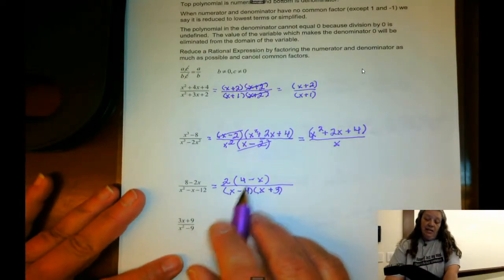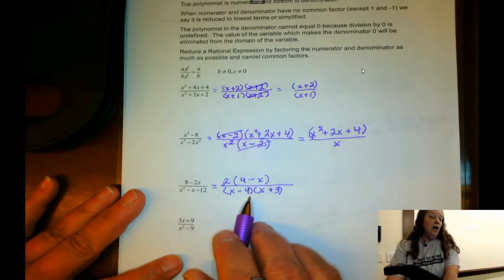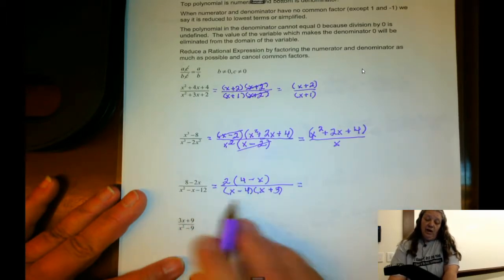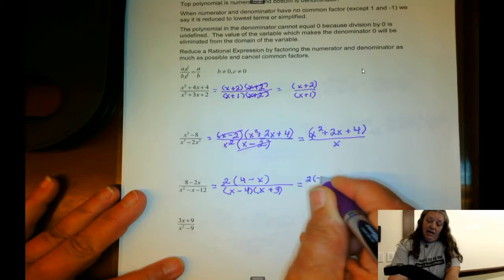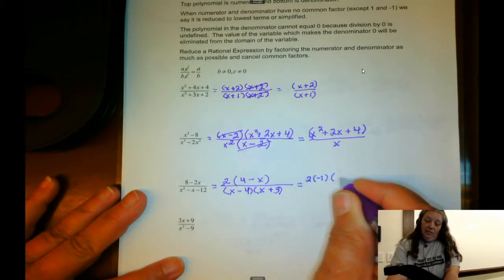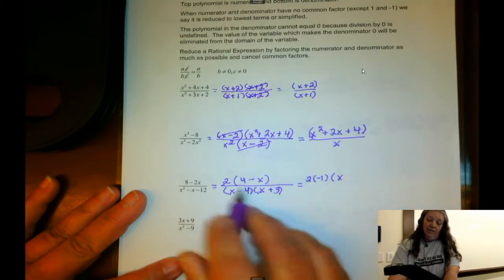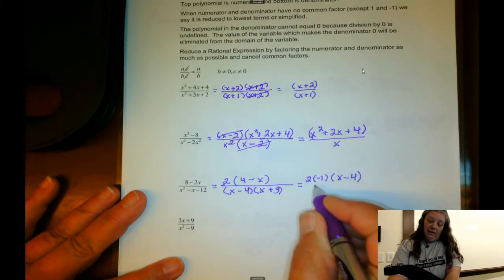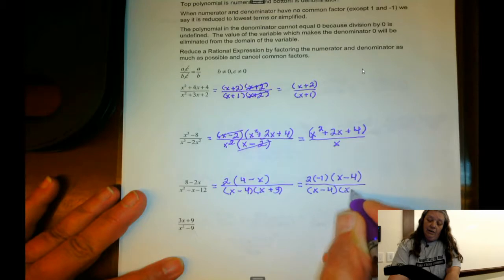Now we see that these two factors, 4 minus x and x minus 4, are very similar. To rewrite it so it looks the same, we can factor out a negative 1. If we divide negative x by negative 1, we get positive x. 4 divided by negative 1 gives us negative 4. Now that factor looks like the one in the denominator.